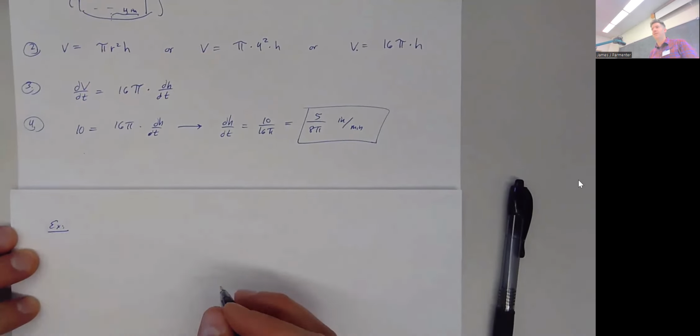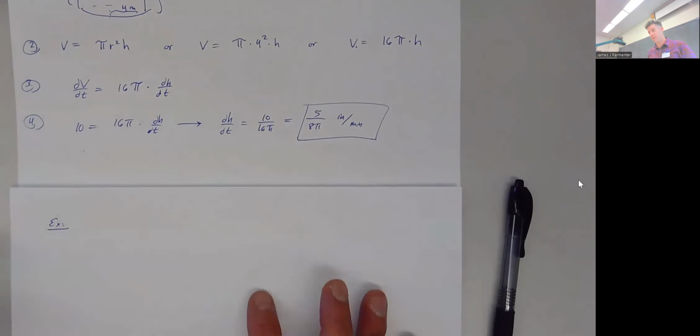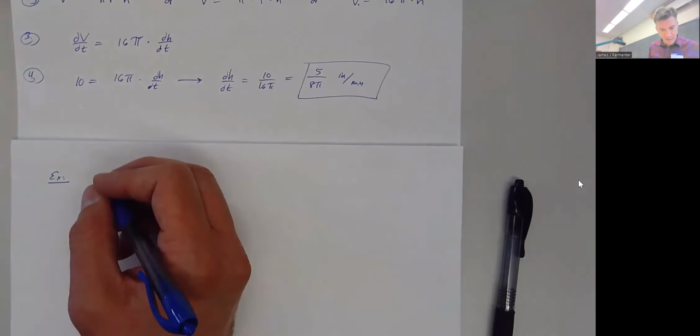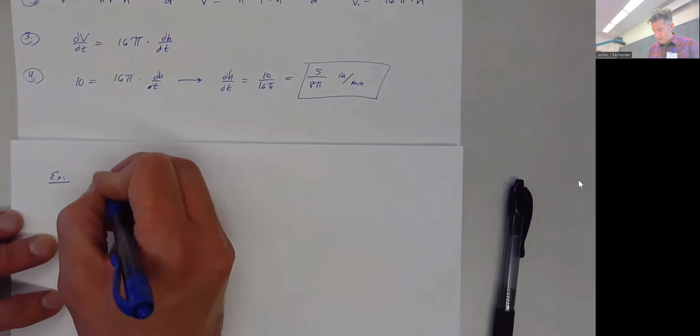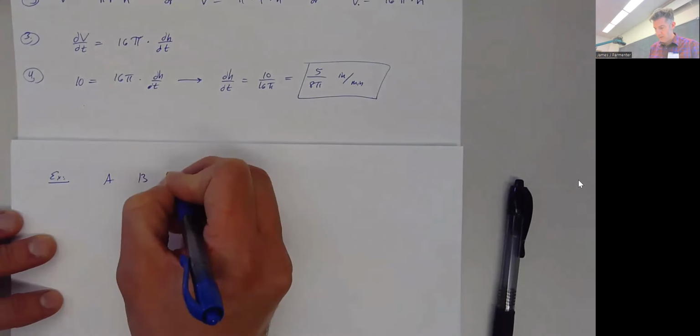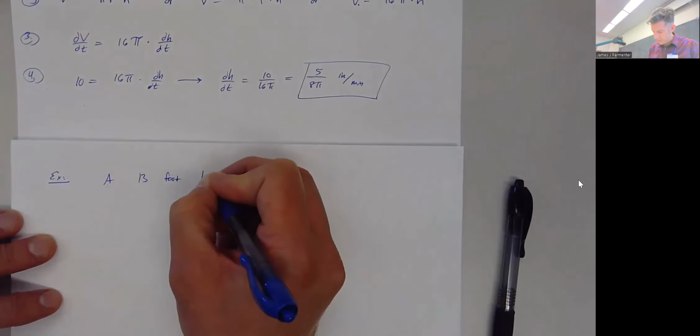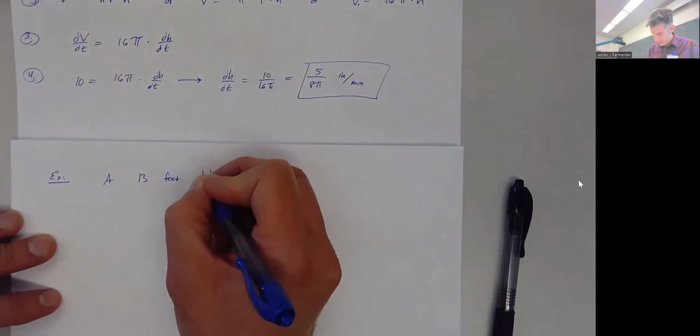I hate writing all the words. It's easier if I could just draw a picture. So okay, a ladder leans, let's see. Yeah, sure. A 13-foot ladder. Ladder spelled with a D, not a T, James.